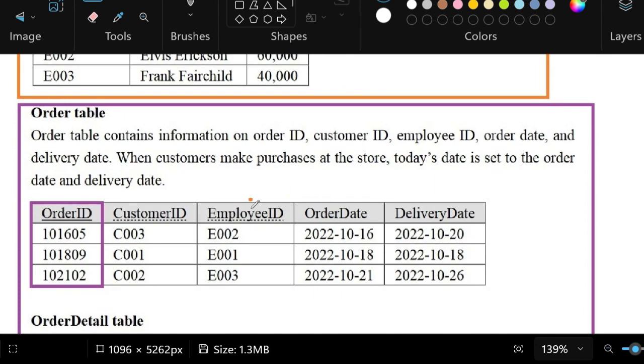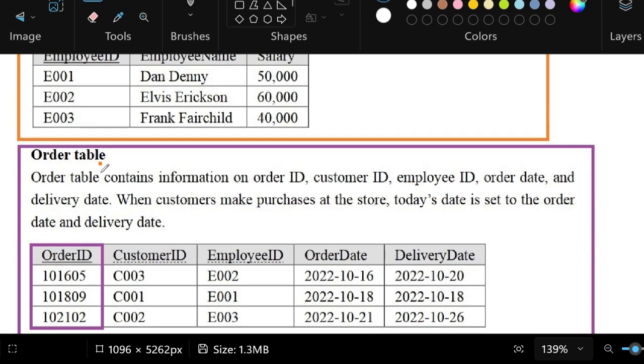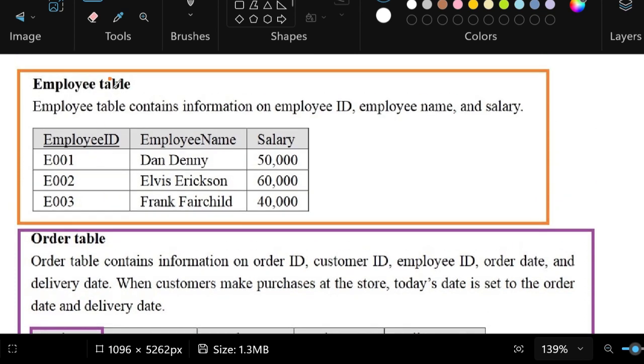Okay, so for the order table, we have another primary key called order ID, and we have the other keys which are called foreign keys, employee ID and customer ID. We need to connect the order table with the employee table using the employee ID.